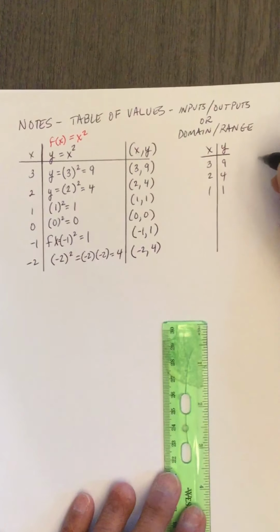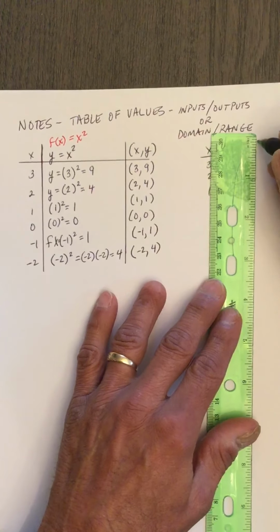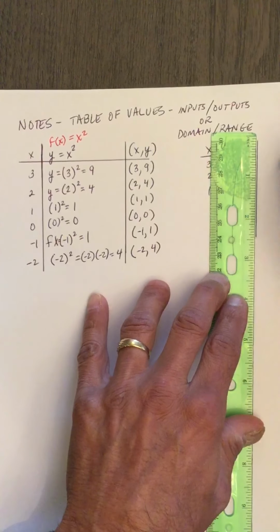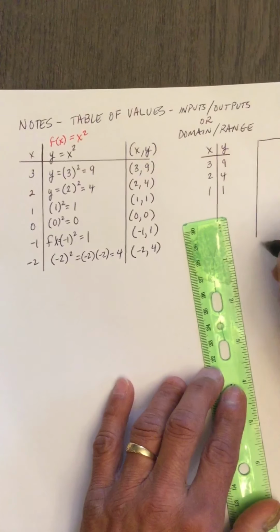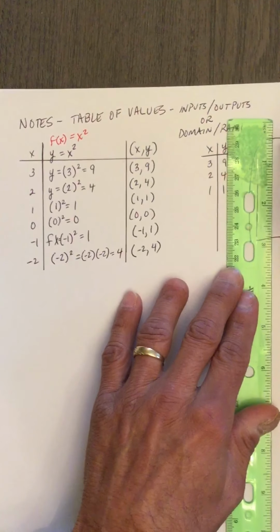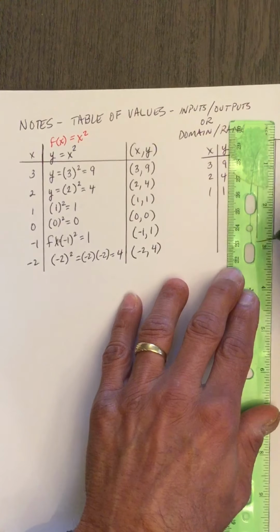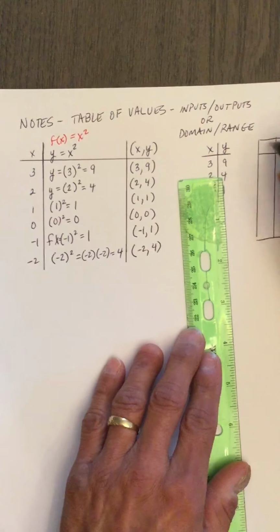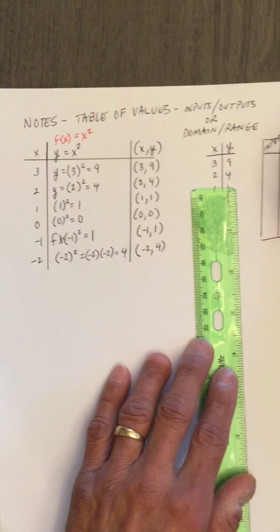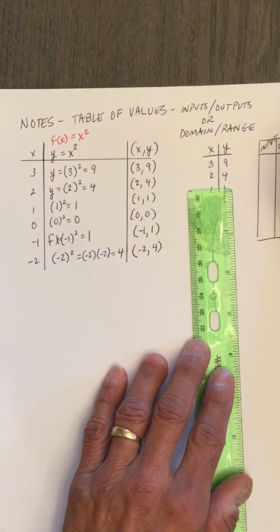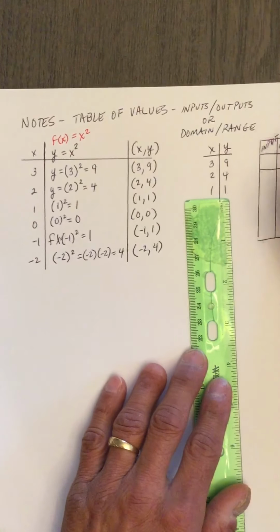And then sometimes you actually see input-output tables that look like this, and they have maybe input here and output here. And it's the same thing.